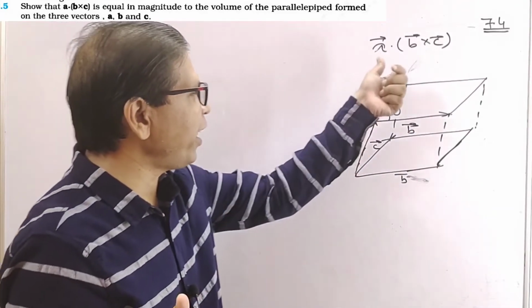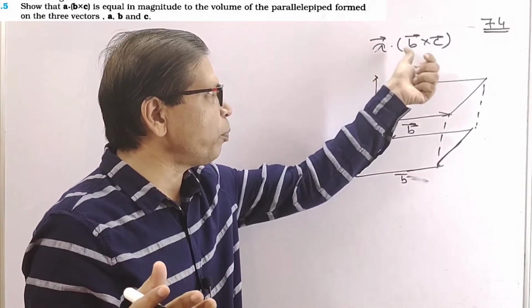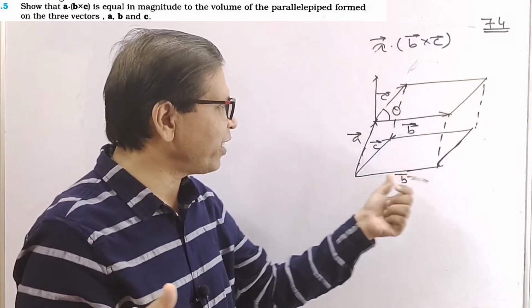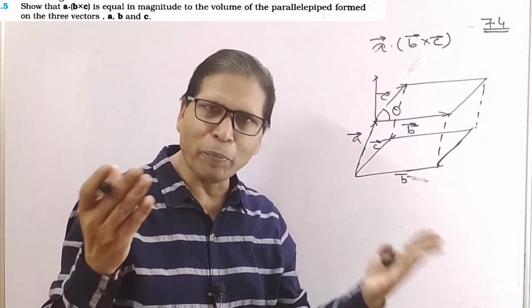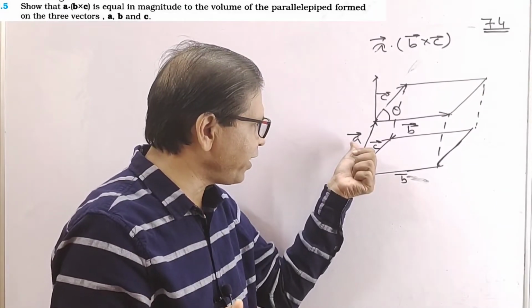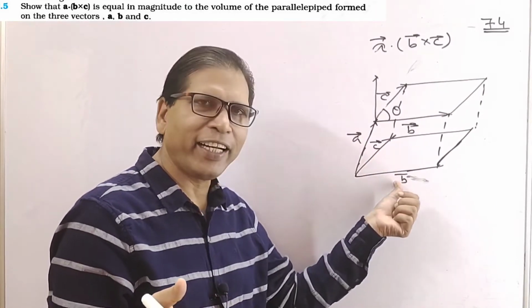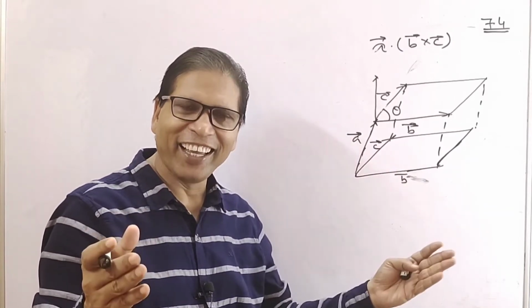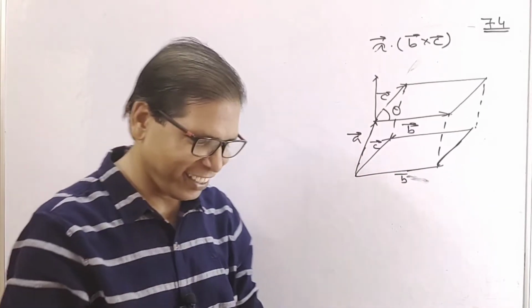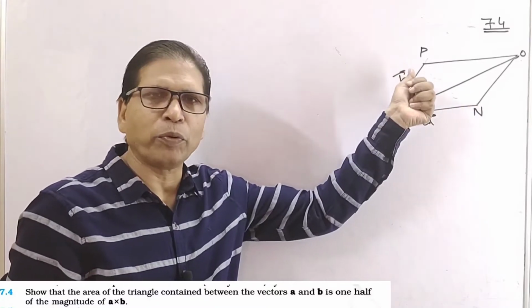So the scalar triple product of A vector dot B cross C represents the volume of a parallelepiped having three adjacent sides as A vector, B vector and C vector. Okay, understood?